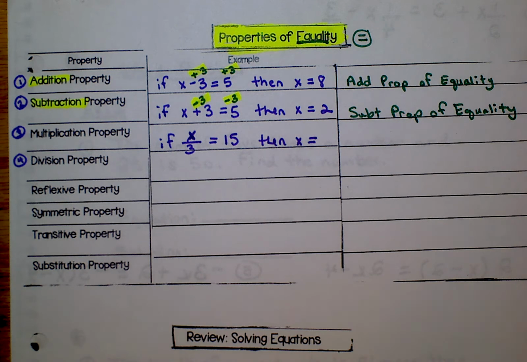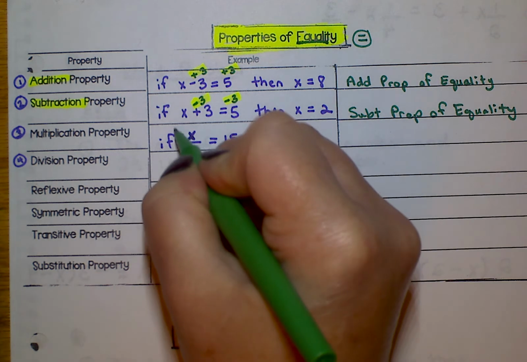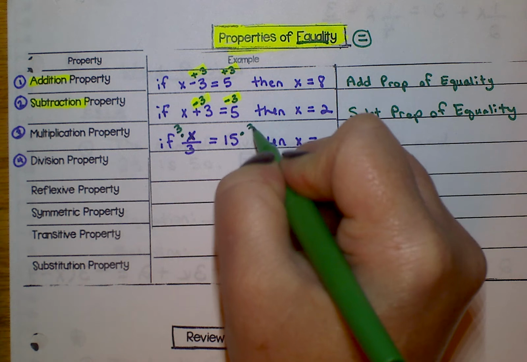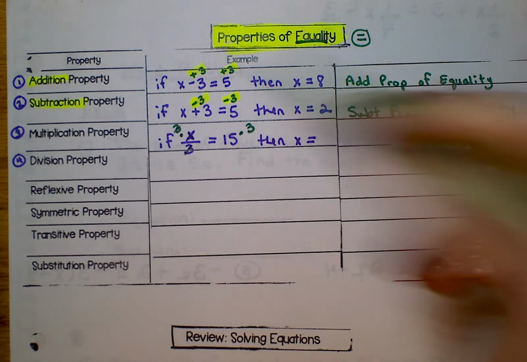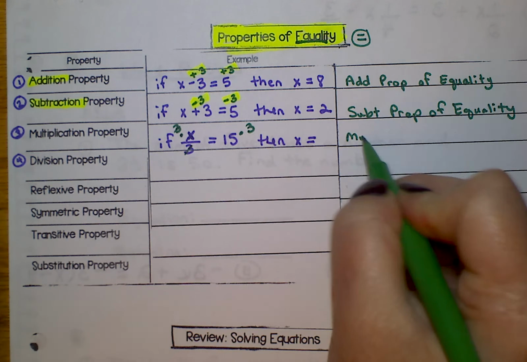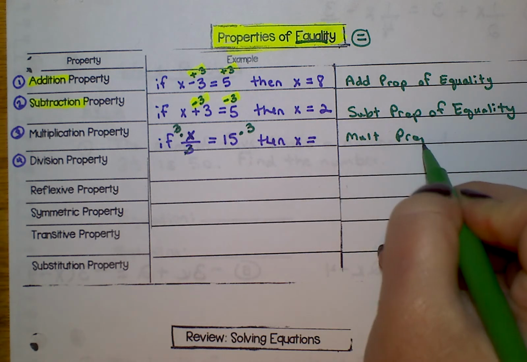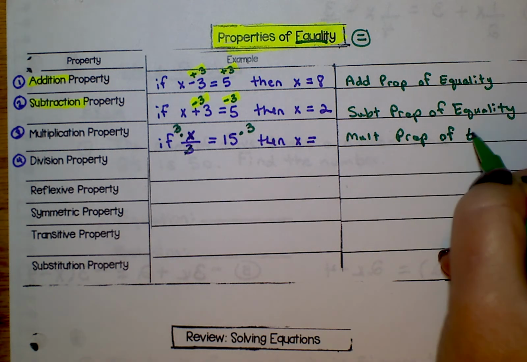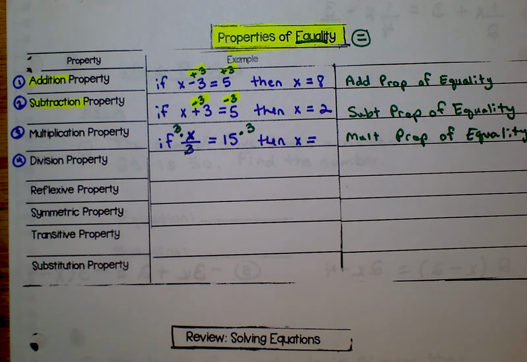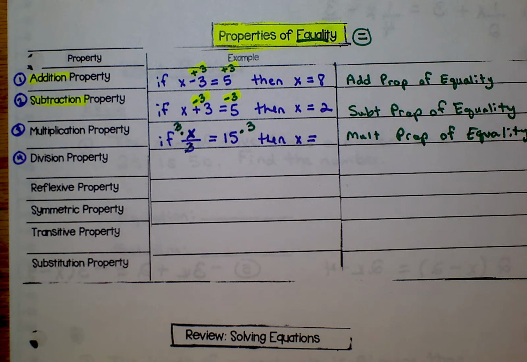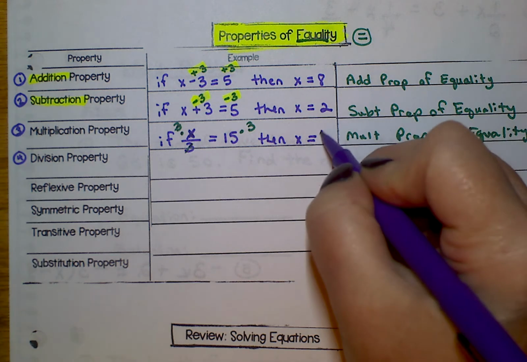So if you remember, to undo division, we multiply. So in this case, we would multiply by 3, where those would cross out. So that would be your multiplication property of equality. So then you would do 15 times 3. And I hope you got 45 for that answer.